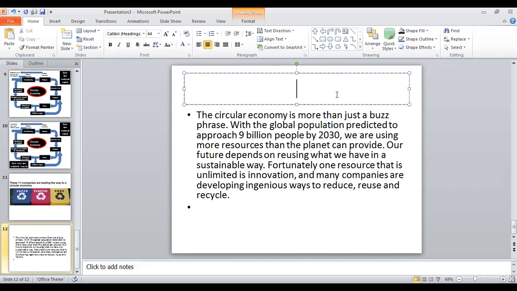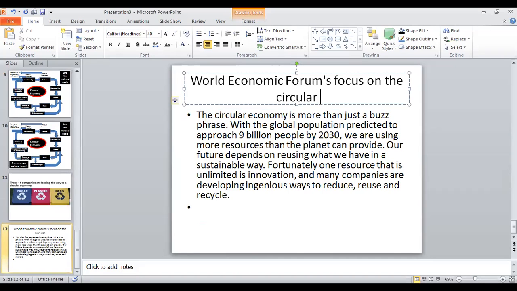This is in this World Economic Forum, a focus on the circular economy.